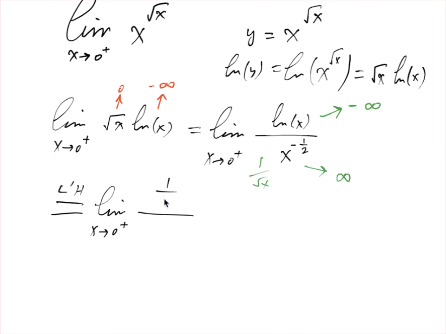So you get 1 over x for the derivative of ln of x. The derivative of x to the minus 1/2 is minus 1/2 x to the minus 3/2.